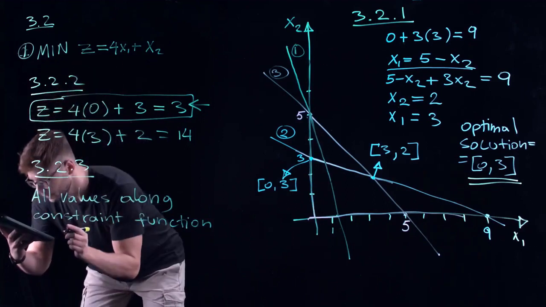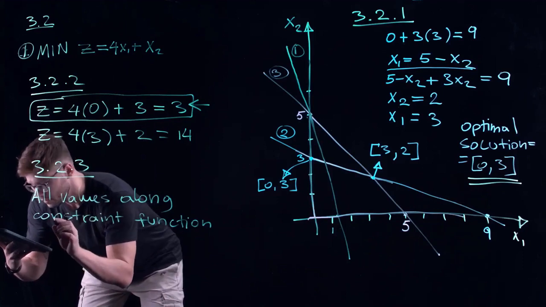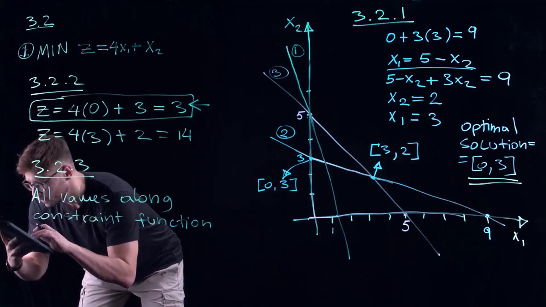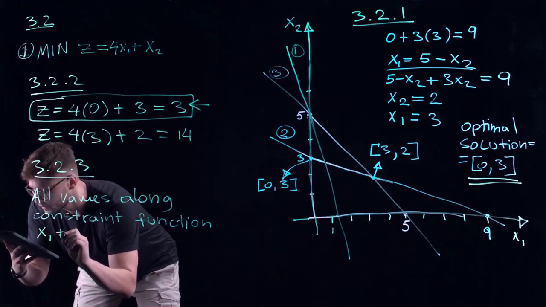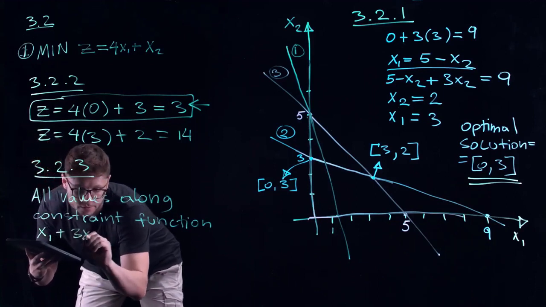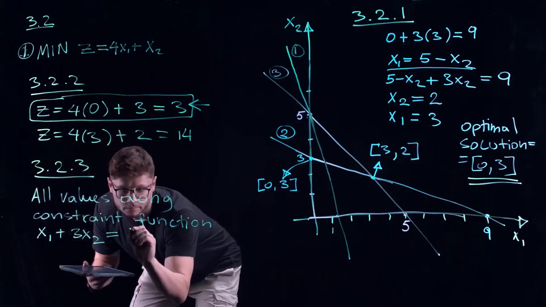I've erased it here, but we have it here. Our first constraint function, our equality function, was x1 plus 3x2 equals 9.